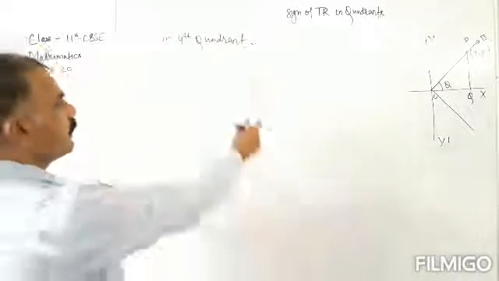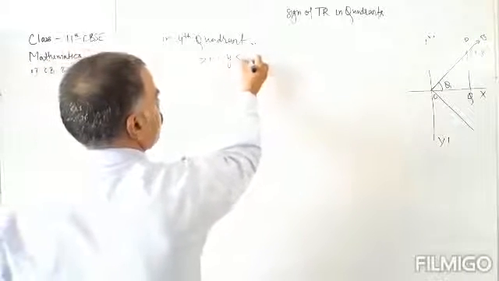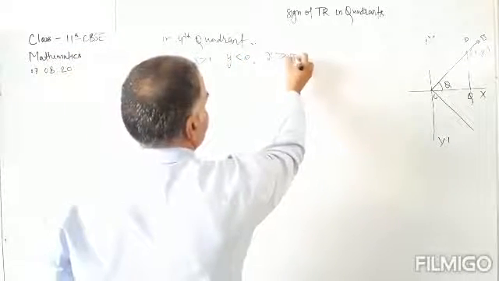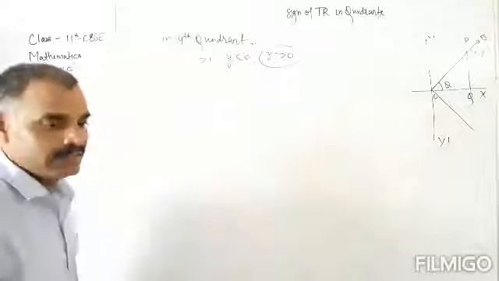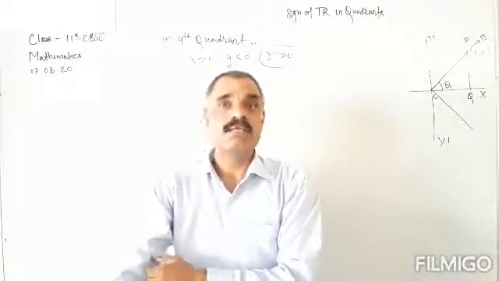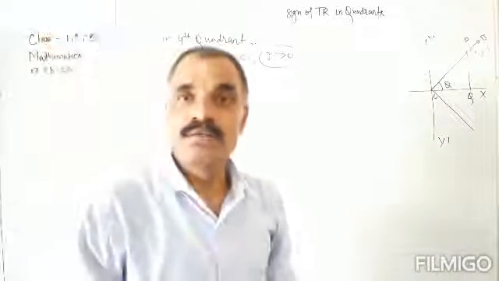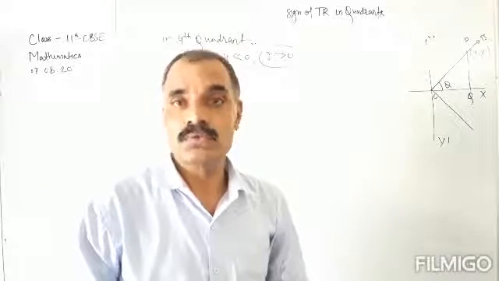So in the fourth quadrant x is greater than 0, y is less than 0, but r is always positive. I am encircling this: r is always positive. X is positive, y is negative, r is positive in the fourth quadrant.